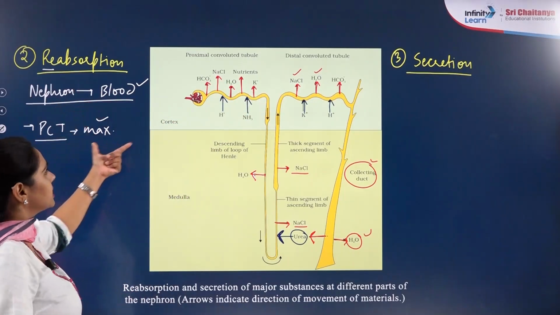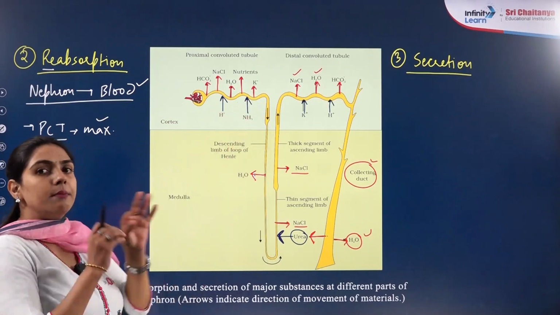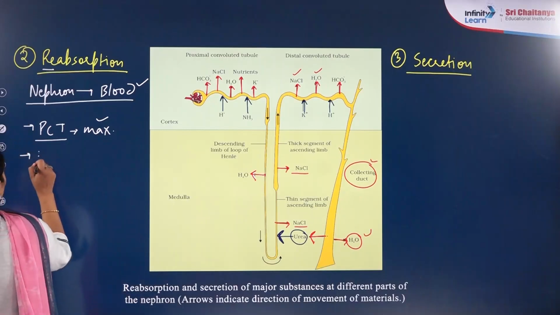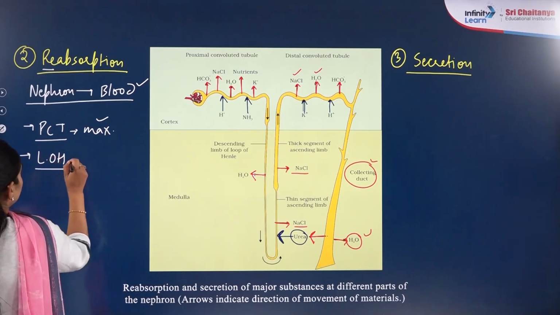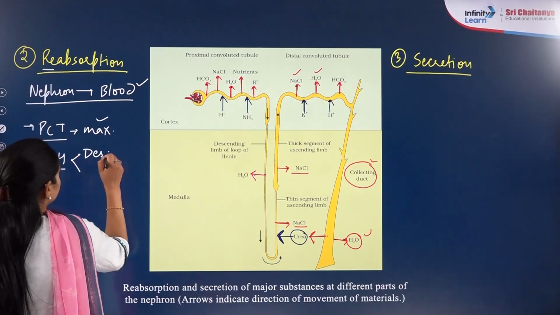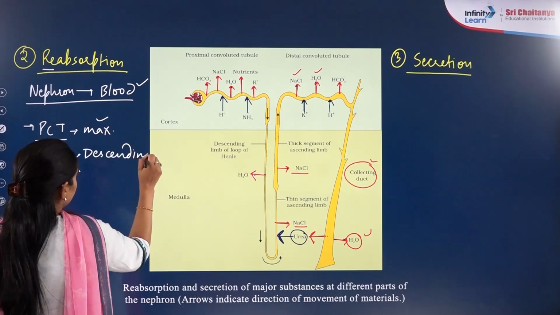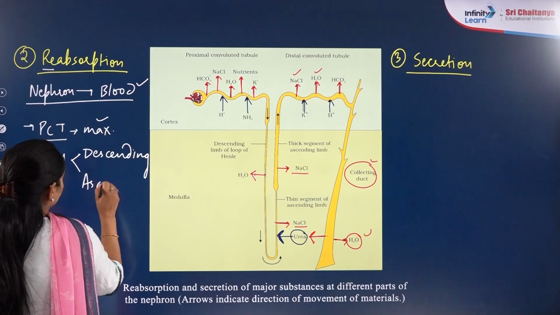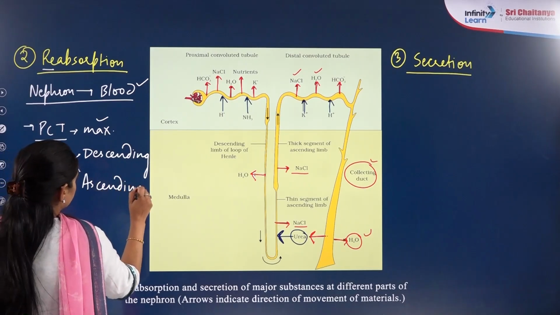Maximum reabsorption in the PCT. Loop of Henle, minimum reabsorption. Two parts of the loop of Henle, descending limb and ascending limb.